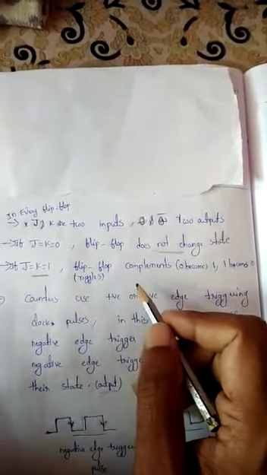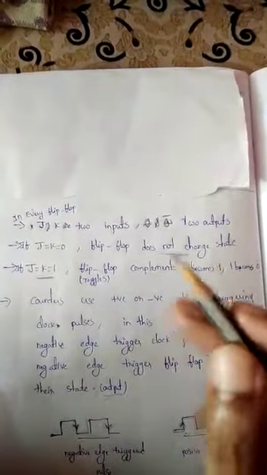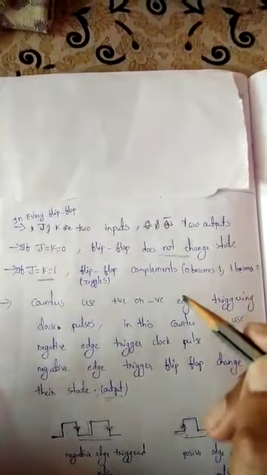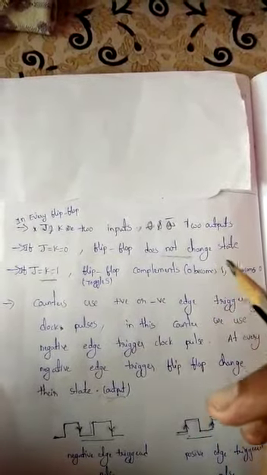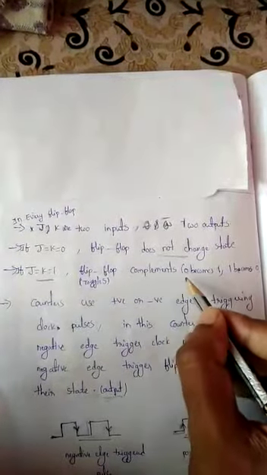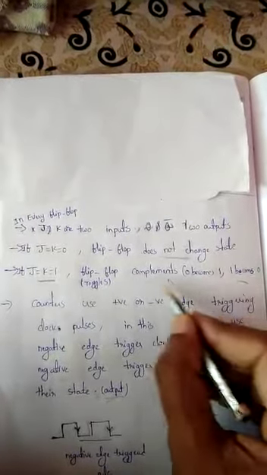Toggle state means we get the complemented previous output. Suppose the previous output is 0, the next state output is 1. If the previous output is 1, the next state output is 0. So 0 becomes 1, and 1 becomes 0.